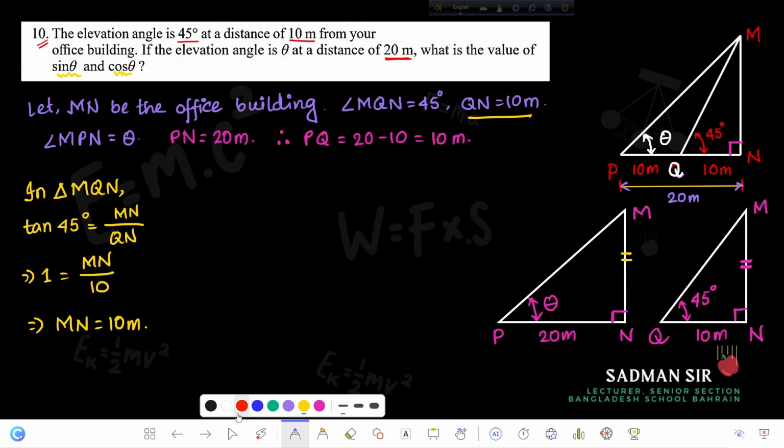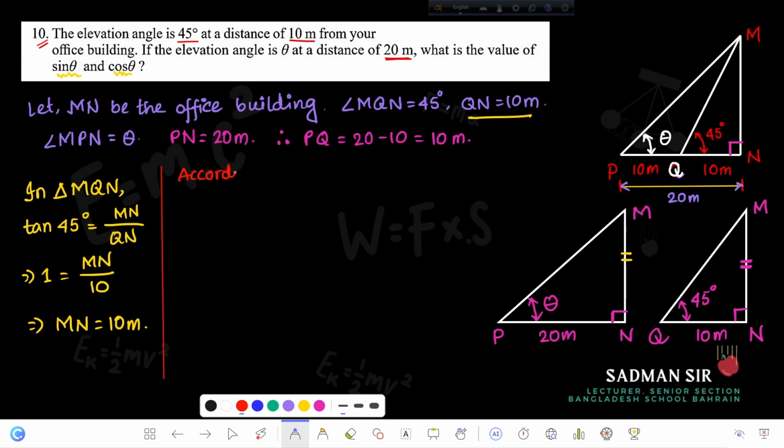So in case of right angle triangle, if I know the length of two sides, to find out the third side we use a theorem. What is that theorem? I hope all of you know by now. That is Pythagoras theorem.